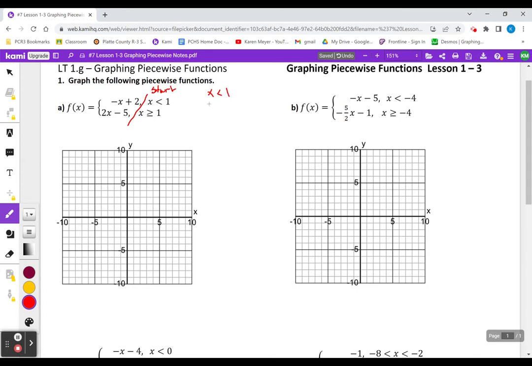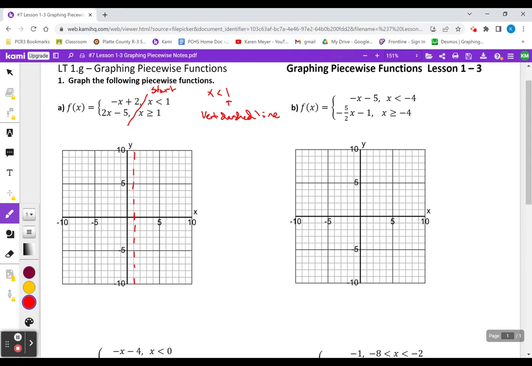Okay, the number 1 right here, that tells you that you are going to make a vertical dashed line going through that number. So, go to the x axis, find 1, and make a vertical dashed line. The reason we're making it vertical is it's not really part of the answer. It's just there to help me get the answer.